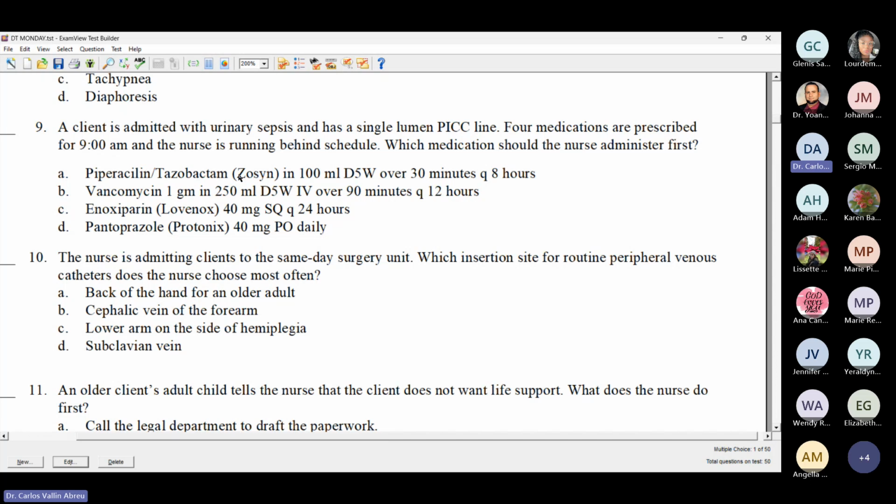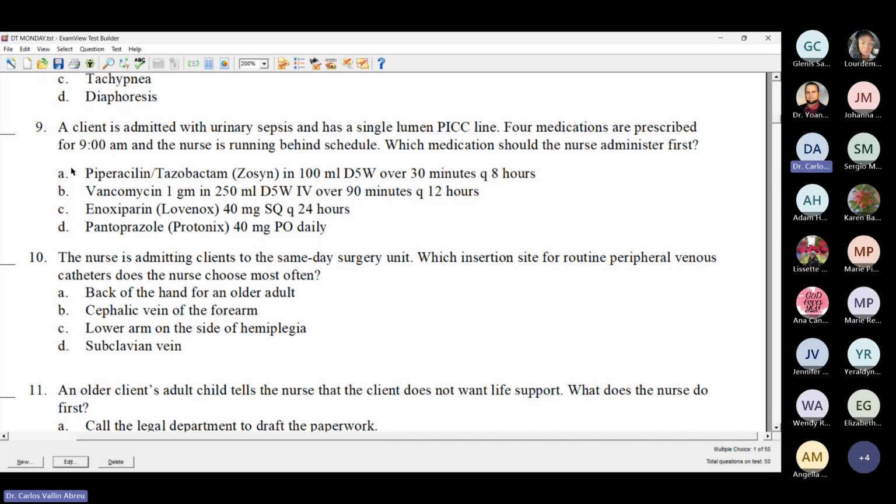In that case, I will be initiating the Zosyn out of schedule, 1 hour later than recommended. But if I give the Zosyn first, it is going to be given in 30 minutes, so it's going to end at 9:30. And at 9:30, I can initiate the vancomycin, and at 9:30, I'm still in schedule.